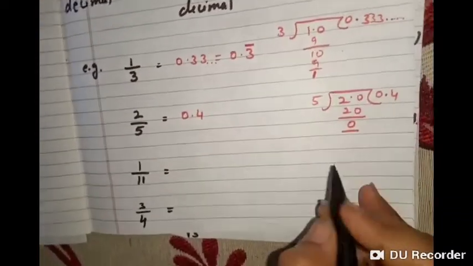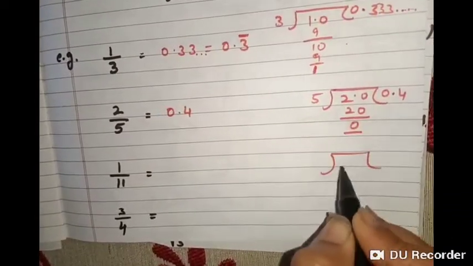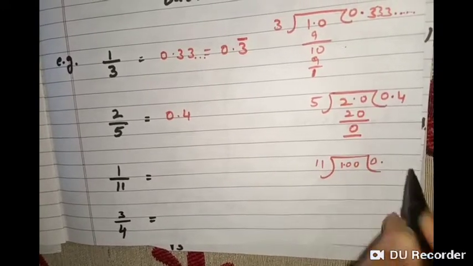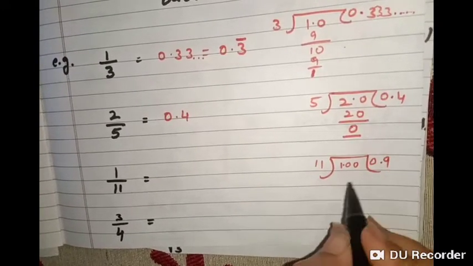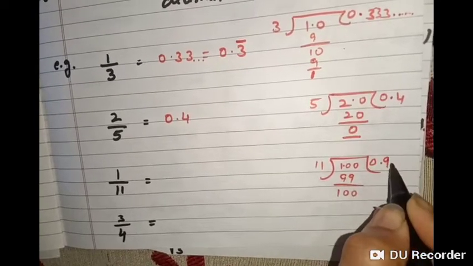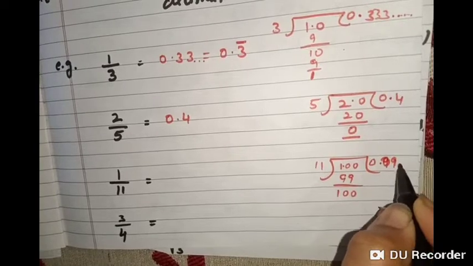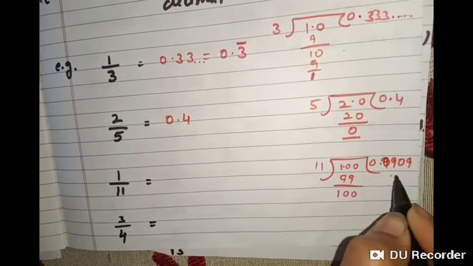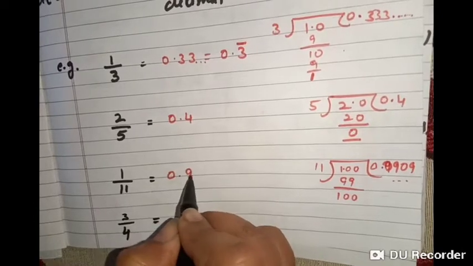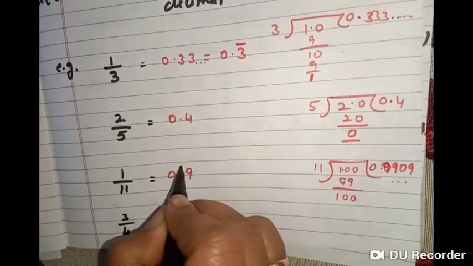One more example I have taken. If you divide 1 by 11, then you will get 0.09, again 0.09, dot dot. So the answer of this question is 0.09 bar.